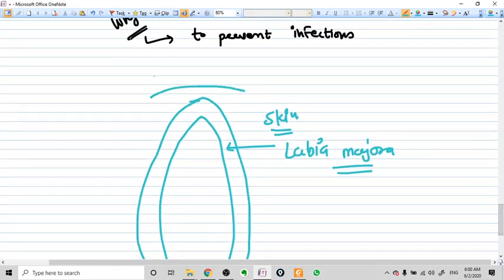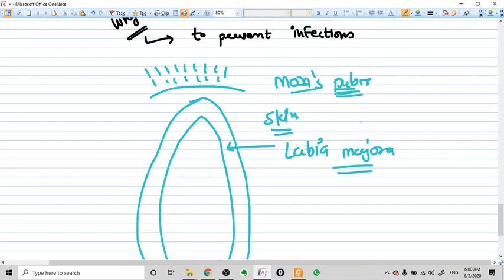This is the mons pubis, which is present anterior to the perineum, and there are hair glands on this mons pubis.